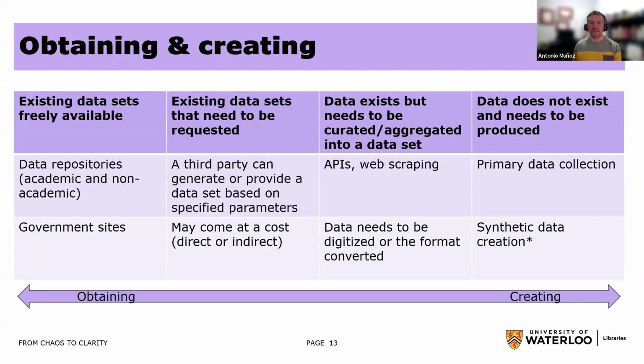And then we move on to situations where maybe the data set already exists, but it has to be requested because it's either behind a paywall or it has to be produced or generated for you. So for example, last year we taught some workshops using Spotify data, and that data was our own data of usage of Spotify.